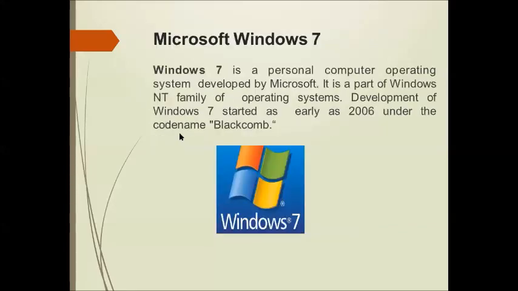Ayan, so for the first category, we have the Windows. Microsoft Windows 7 is a personal computer operating system developed by Microsoft. It is a part of the Windows NT family of operating systems. Development of Windows 7 started as early as 2006 under the codename Blackcomb. So yung codename ng Microsoft Windows 7 is Blackcomb.